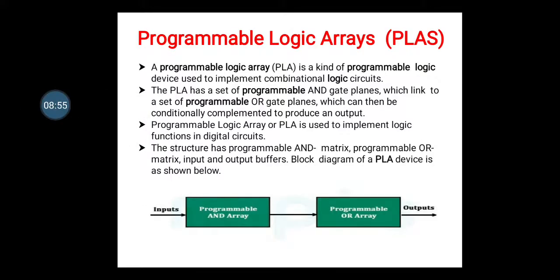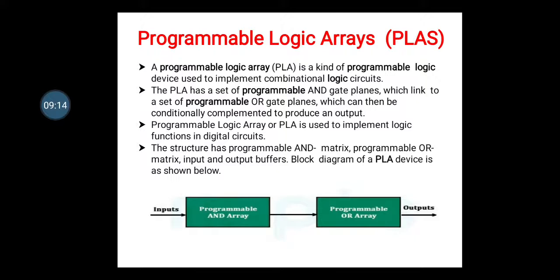So the general structure of ROM, PAL, GAL and PLA we have understood. The same is written here. The programmable logic array, PLA, is a kind of programmable logic device used to implement combinational logic circuits.